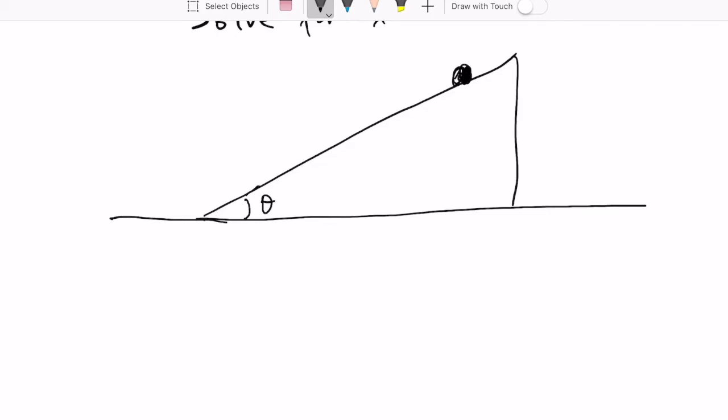The question is asking, we're only going to do the first part, and I'll let you try the second part yourself: how far will the truck skid before it comes to rest? So you have to find this distance. Let's just call this distance d.